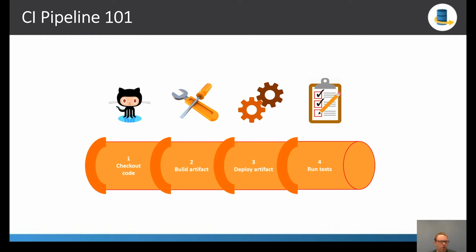I've got the GitHub icon here, but it could be vanilla Git, GitLab, Bitbucket, Subversion. We then want to build an artifact, which is essentially a posh name for something that we can deploy somewhere. This could be an executable, a DLL, a jar file. It's going to be a DAC pack for the purpose of this session.